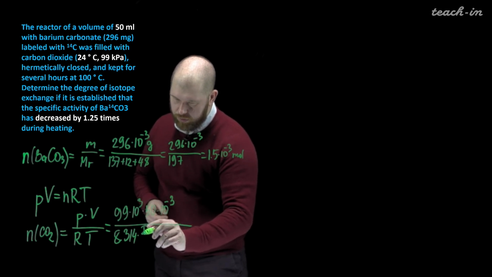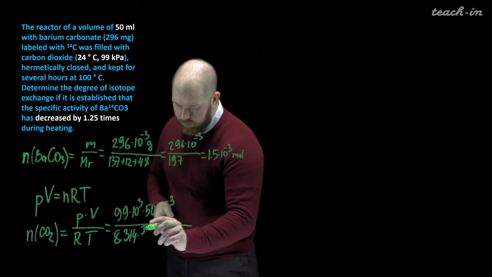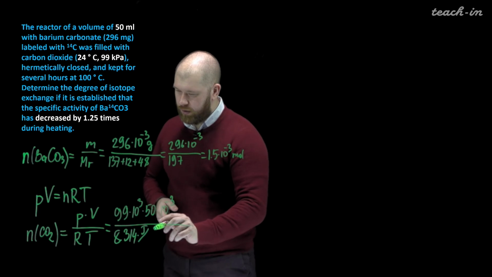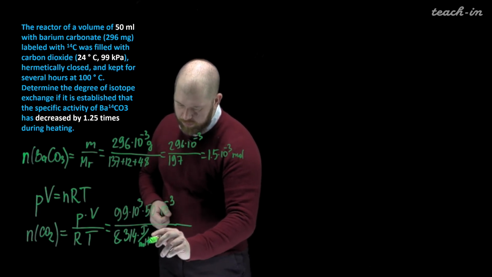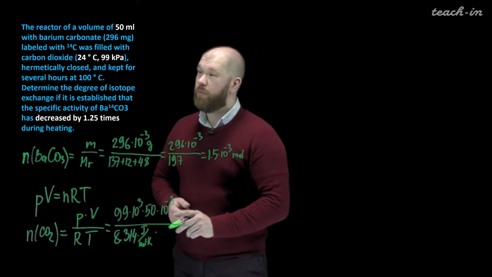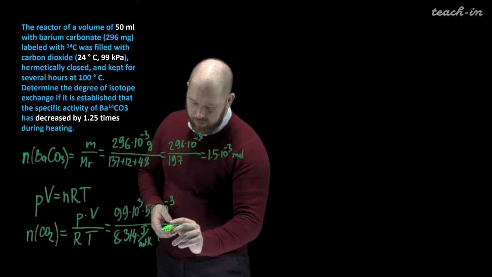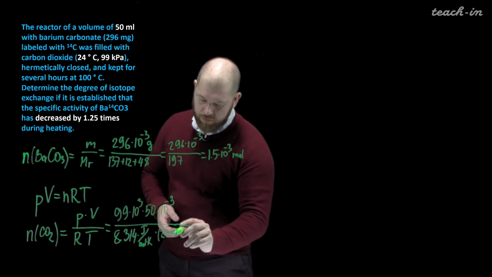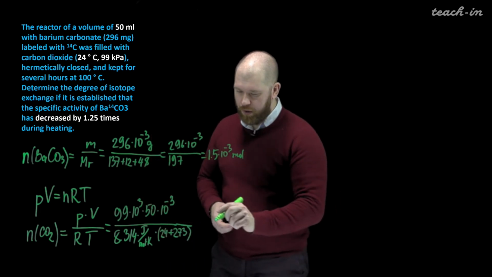joule divided by mole per Kelvin. And here's temperature, and temperature should be expressed in Kelvin. So it is 24 Celsius degrees plus 273.